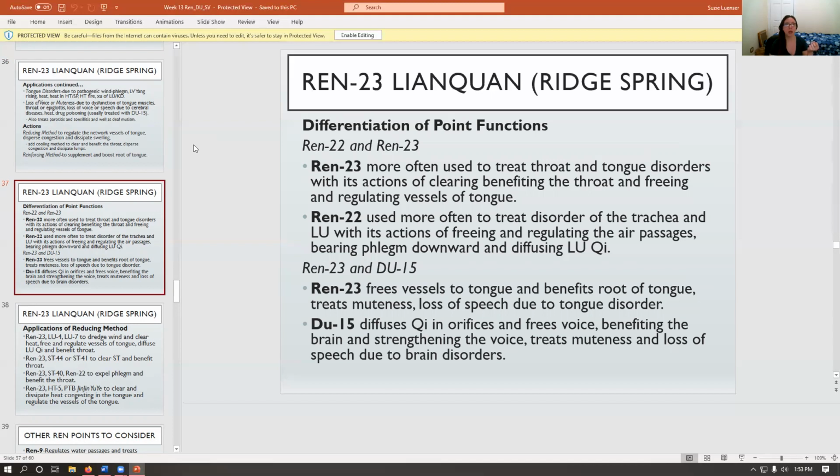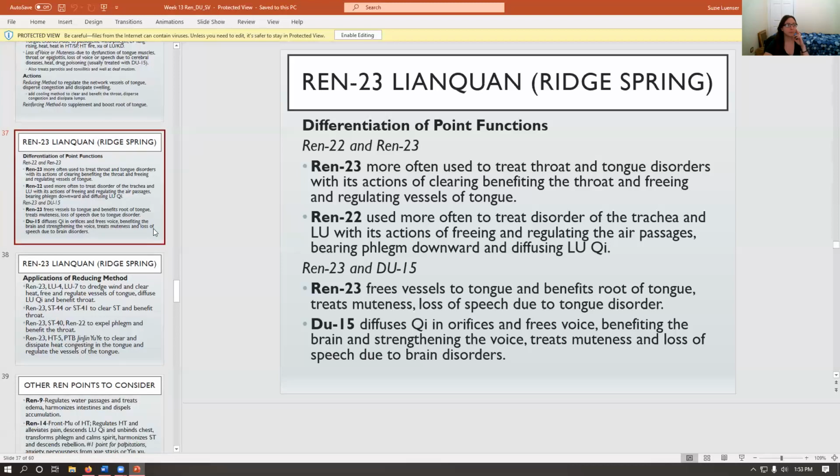Structural issues, as opposed to Du Pt1, which benefits the brain and strengthens the voice and treats muteness and loss of speech due to brain disorders. Now we can use both for both, but Ren 23 is going to have a stronger action on that functional aspect, and Du Pt1 is going to be more of the brain aspect. I think that might be a final exam question.